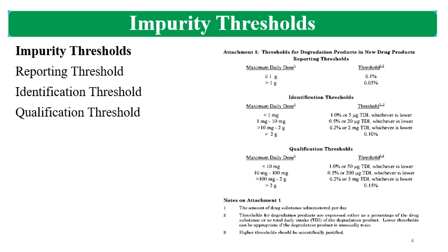That means if the impurity level crosses the identification threshold, then you cannot give the impurity as unknown impurity. That unknown impurity, if it is crossing the identification threshold, then it is required to be identified, and then that identified impurity will become known impurity, and that known impurity will have the limit of the qualification threshold.